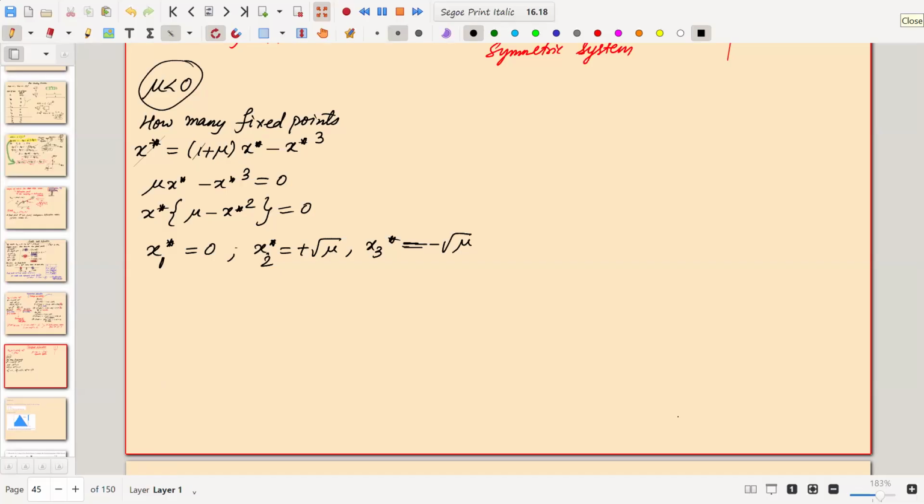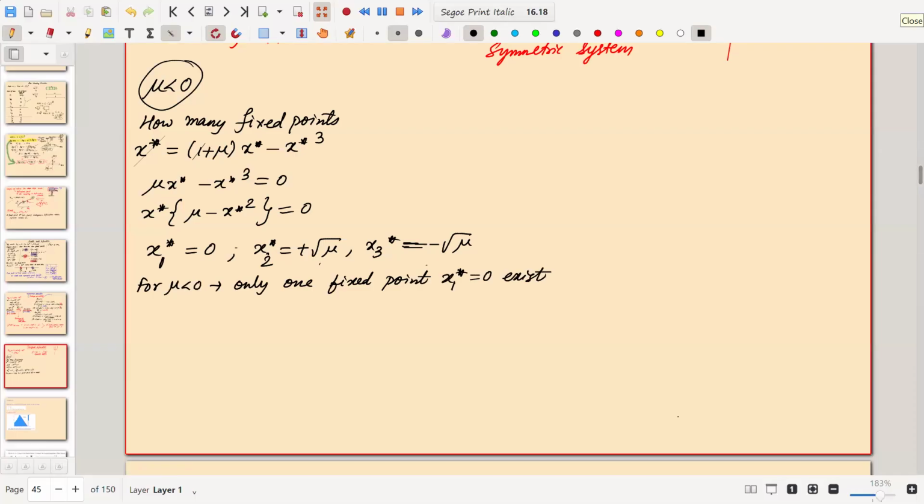No, fixed points are real numbers. So therefore, there can be only one fixed point. So these two are eliminated. Only one fixed point, that is x1 star equal to 0, remains. So for mu less than 0, only one fixed point exists.